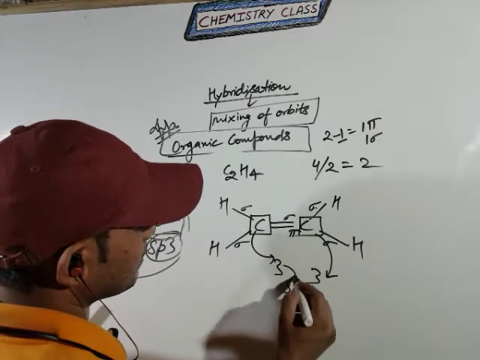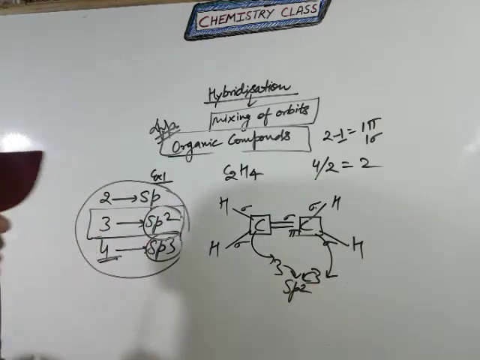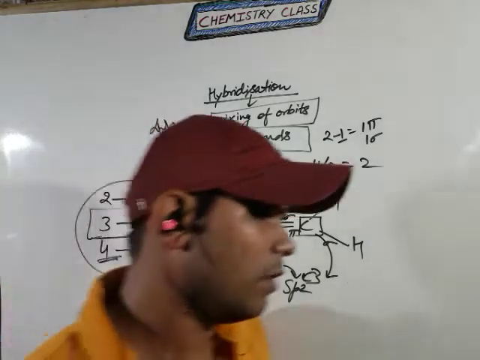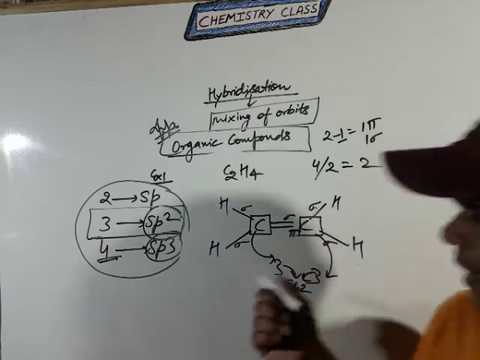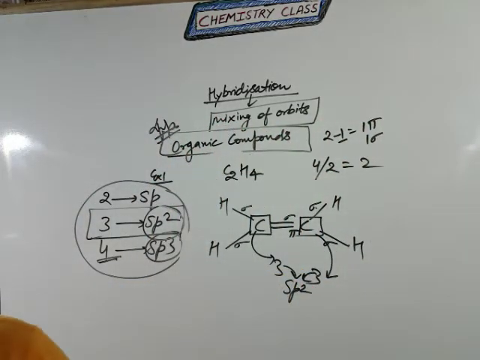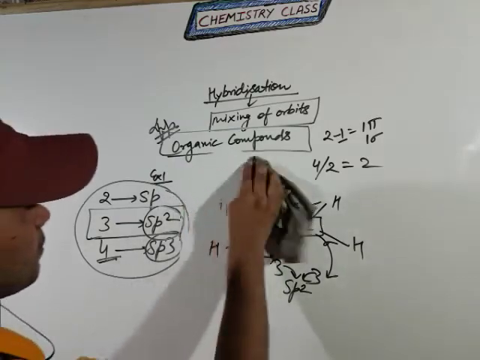So this is the answer for the C2H4 molecule, where we discussed the hybridization of the carbon atom. Clear? So students, remember all the concepts of hybridization in organic compounds.